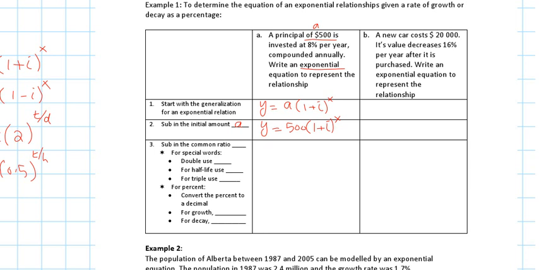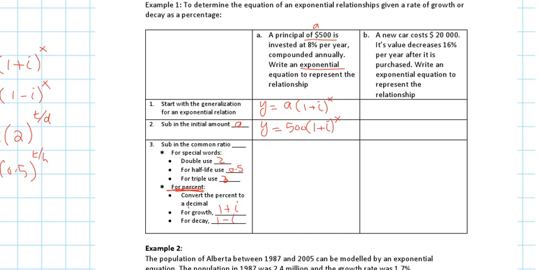Now, what would be my common ratio? Remember that if it's doubling, what do we use? 2. Half-life? Triple? 3. Now in the cases when I have a rate, for percent, I'm going to have to convert the percent to decimal. And then for the growth, it's going to be 1 plus i, and for the decay, it's going to be 1 minus i, right?